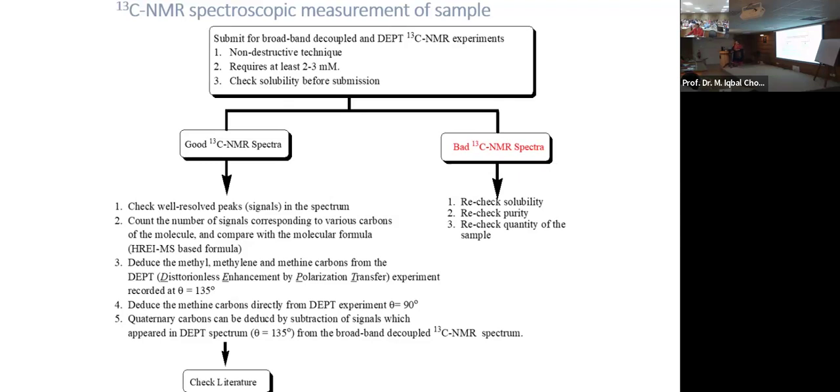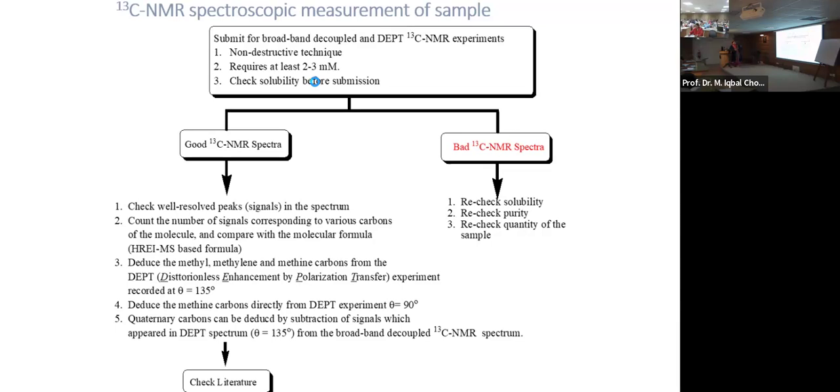So a little bit of acronyms you need to perhaps remember. We usually record DEPT 135 or DEPT 90 to identify methine, methyl, and methylene carbons. Since it is again a non-destructive technique but very insensitive, it requires more sample.